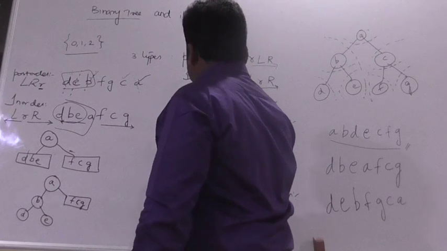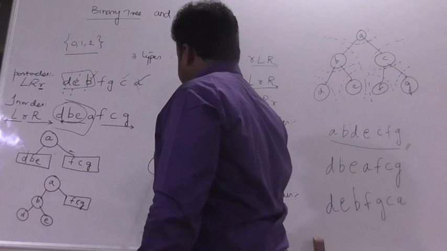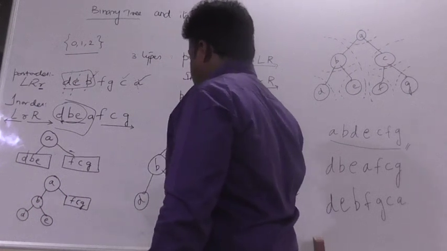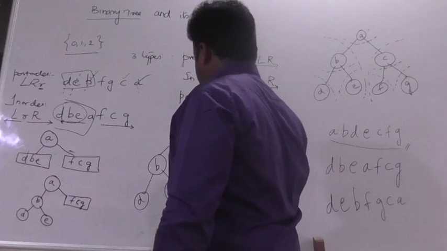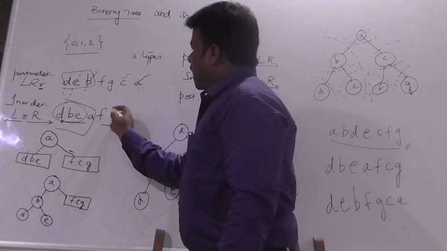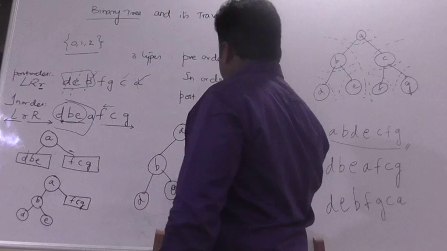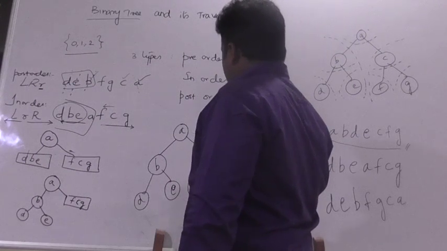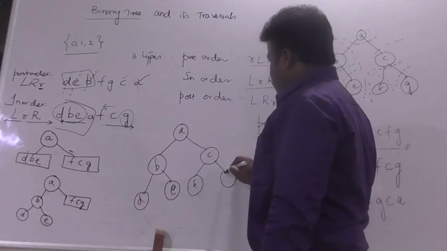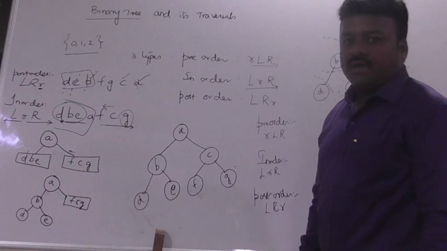Simply, the diagram can be transformed like this. And then comparing the left part of C, that is F, should be the left child, and the right part of C, that is G, is the right child of the tree.